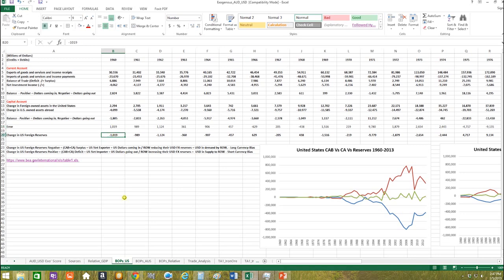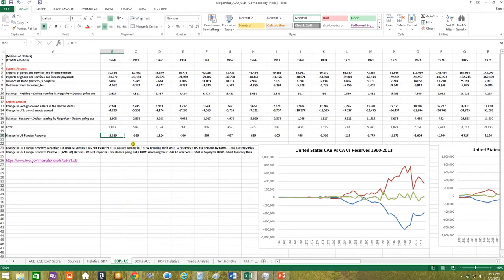So the balancing item basically represents the change in value of US foreign reserves and is the opposite of the error between the current account balance and the capital account. So when we think of this in big numbers terms, this number here is the amount of US dollars coming in, therefore $1 trillion coming in to the United States in 1960.